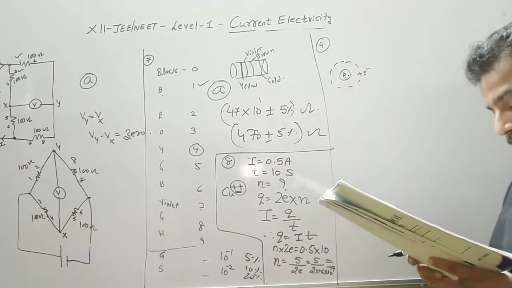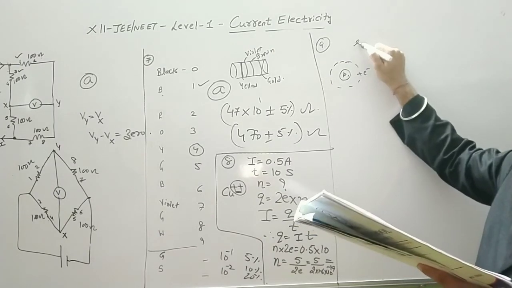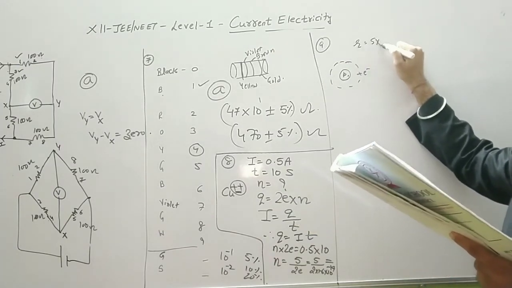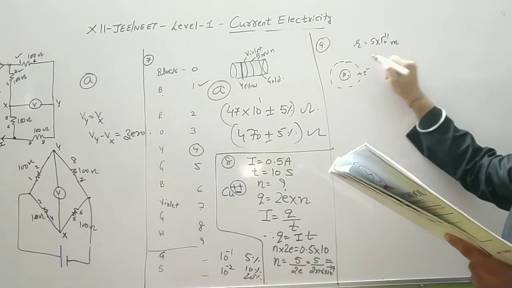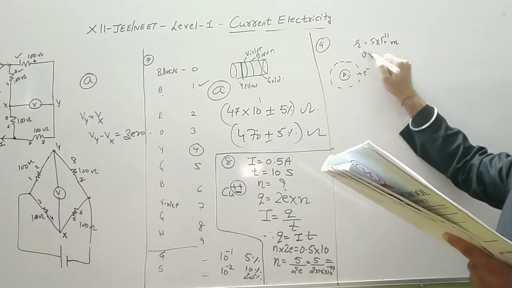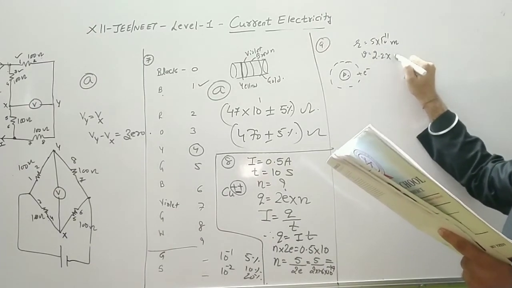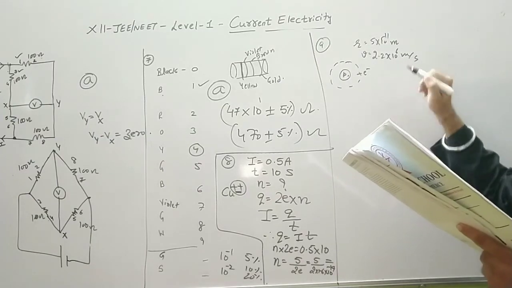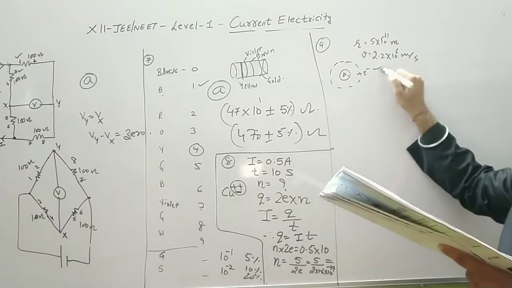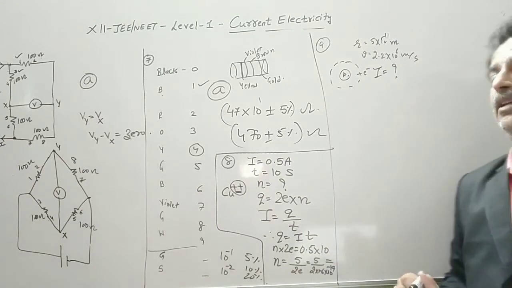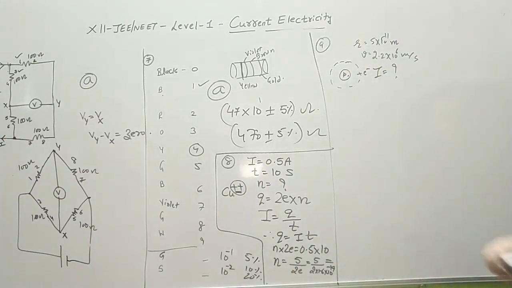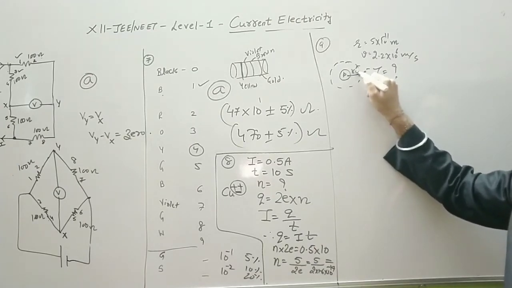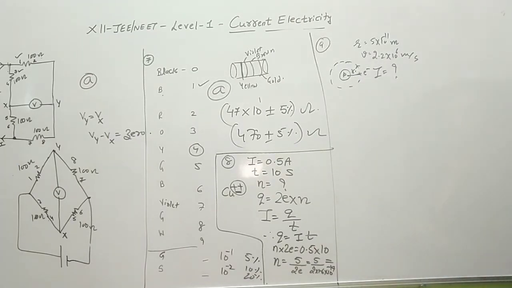R is given, that is 5 into 10 raised to minus 11 meter, and the speed is 2.2 into 10 raised to 6 meter per second. Calculate the current. So one electron is revolving in a circular orbit, and we have to find out the current here.